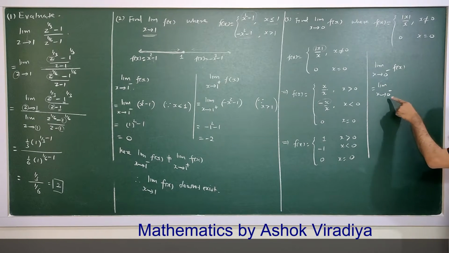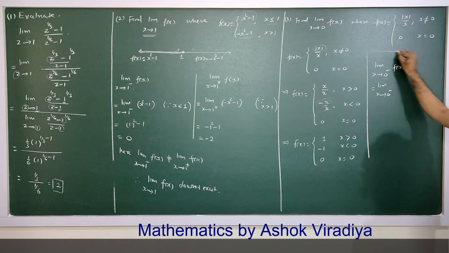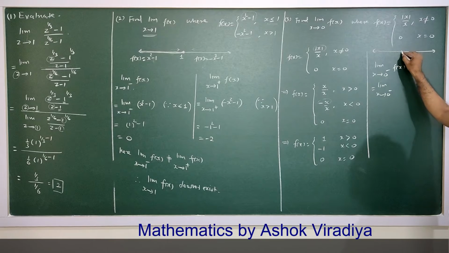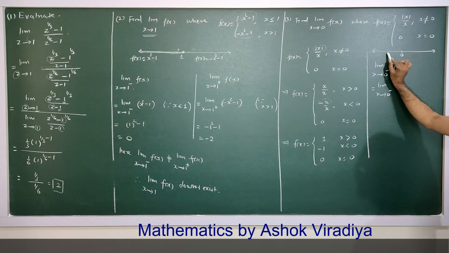When x is coming towards 0 from the left side on the number line, all values of x are less than 0.